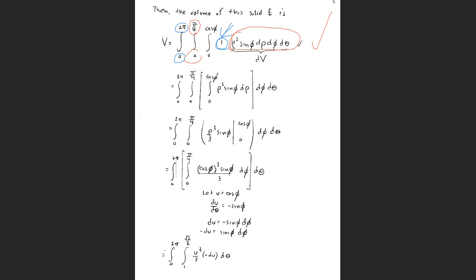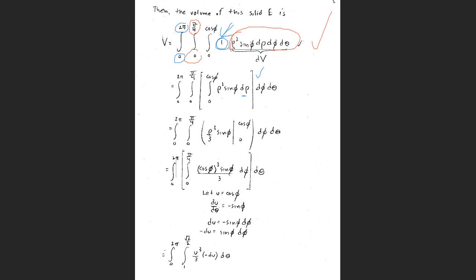Okay, well, what I like to do is try to be consistent when I compute my integrals. I feel it helps me be accurate. I'm going to iterate the integral and integrate with respect to rho first. That means the sine of phi is treated like a constant, and the antiderivative of rho squared is rho cubed over 3.